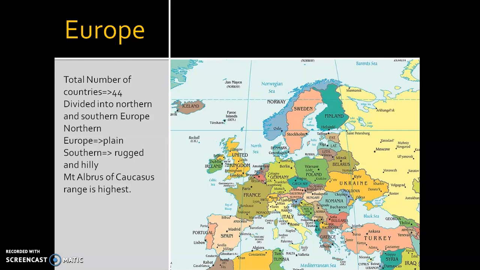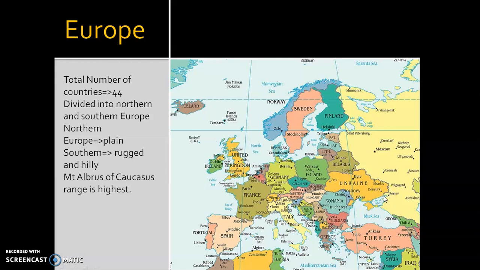The northern part stretches from coastal France in the west to the Ural mountain ranges in the east. Let us look at it on the map, from here, France, to the Ural mountains, which is not shown on this map, but you can expect it somewhere here.